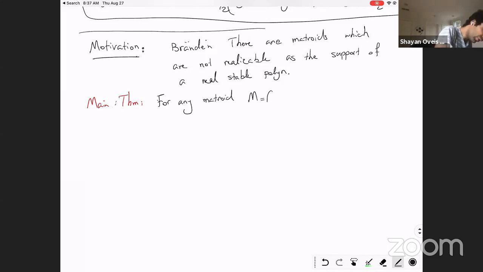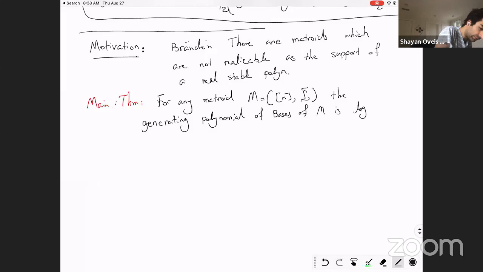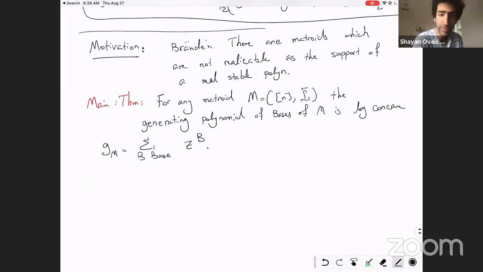So for any matroid M equals (n, I), so it has elements 1 through n and independent sets I, the generating polynomial of the bases of M is log concave. So g of M equals the summation over b, which is a base, of z to the b. Okay, so this is the main theorem.